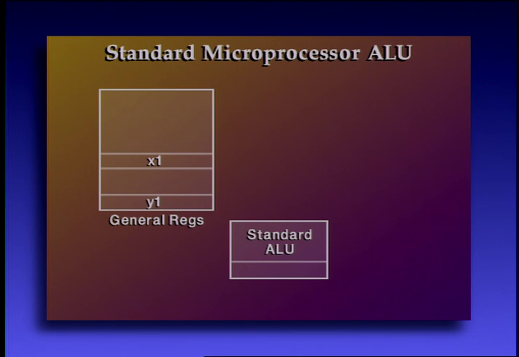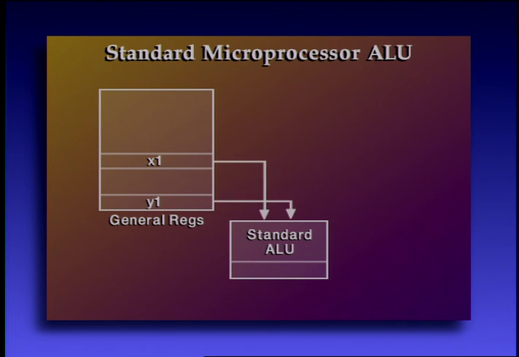Here is a diagram showing the standard ALU and registers present in almost all microprocessors. ALU stands for the Arithmetic Logic Unit, which performs functions of addition, subtraction, and logical operations.